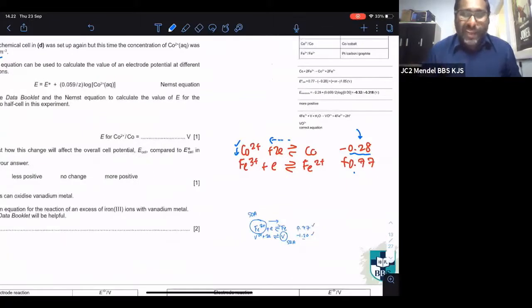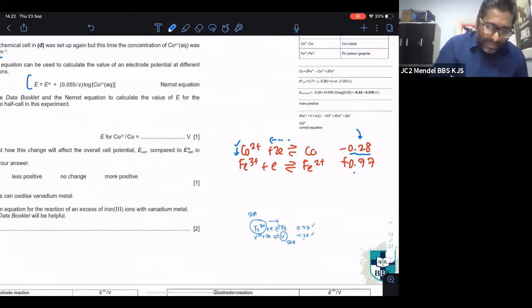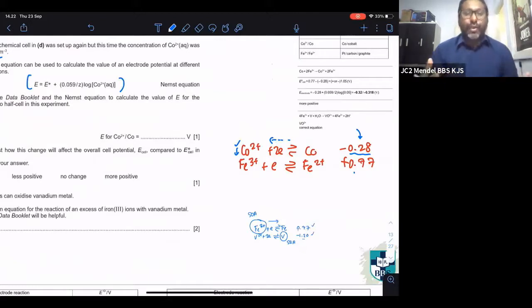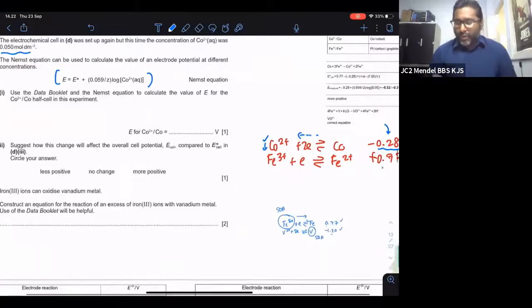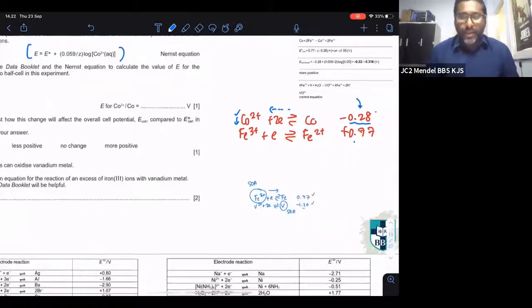How do you calculate? You use the Nernst equation. For this Nernst equation, they have given it to you in the question itself, and you just need to use it. Earlier I had negative 0.28, it's supposed to be more negative, but let's find out when we calculate.